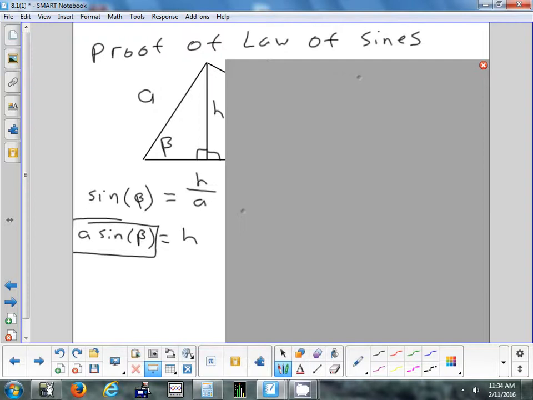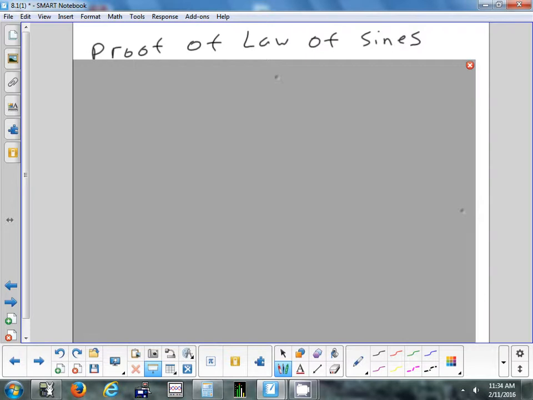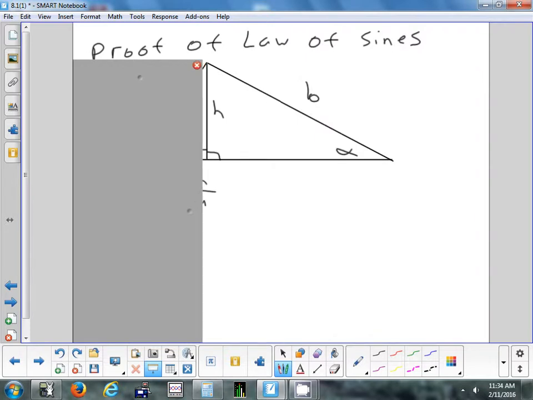Now I'm going to do the same thing again, except we're going to use the right-hand triangle. So what angle is labeled here? Alpha. And what trig function would involve the H and the B? Sine. And what would that equal? Sine of alpha equals H over B, opposite over hypotenuse. Do the same thing again: get H by itself.